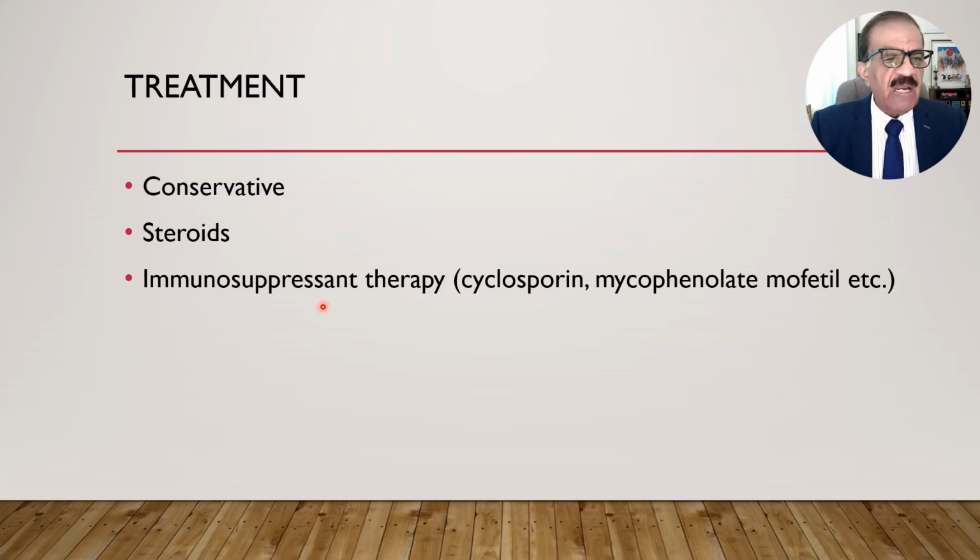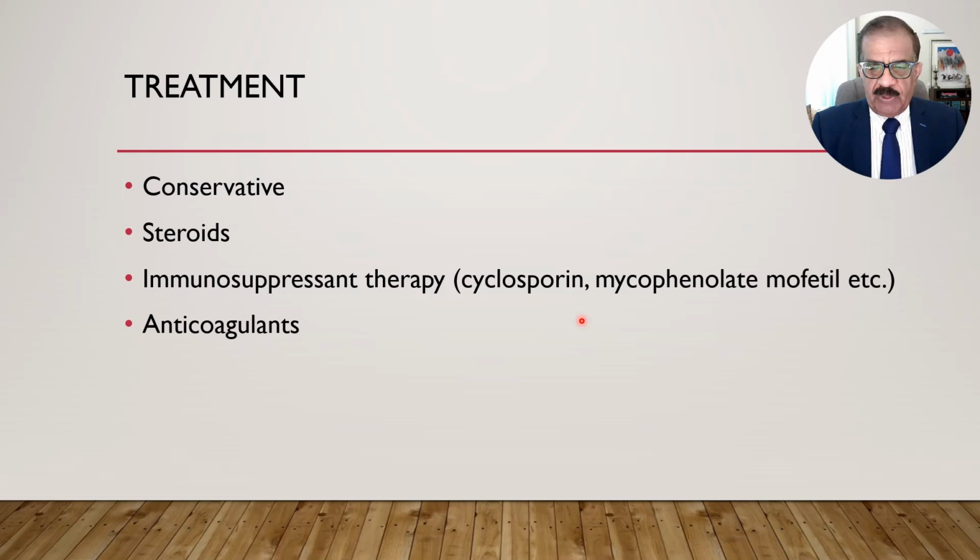And of course this would be done by a trained nephrologist. Different drugs are tried, and based on the experience of that particular nephrologist, one or two are given on a long-term basis. Along with the steroids, we try to taper the steroids but maintain immunosuppressant therapy on a long-term basis.